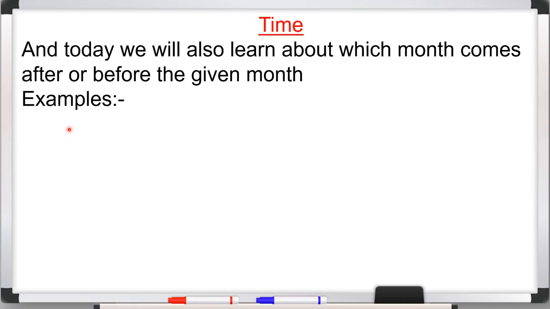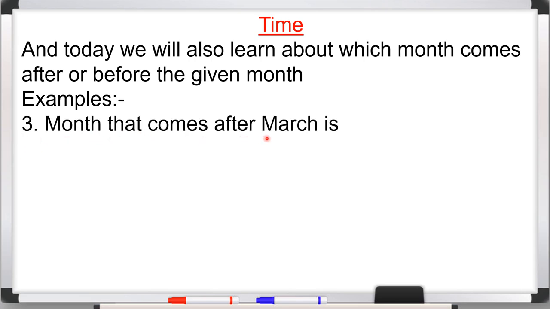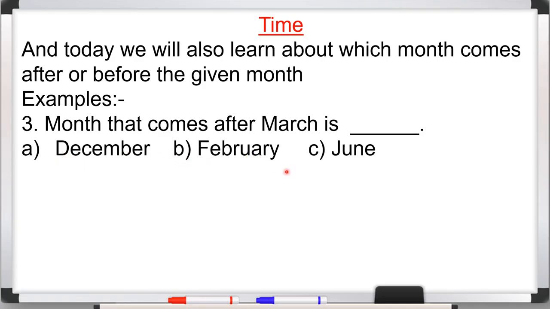So here in example number 3, it is given: month that comes after March is dash. To solve these types of questions, we must know the meaning. Okay, what does it mean, beta? Which month comes after March. Here we have four options: A December, B February, C June, and D April.